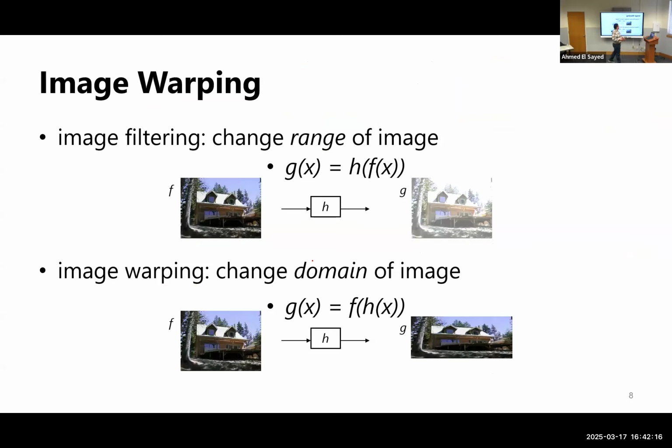So for example, assuming that I have this input image, if I'm doing regular filtering, I will receive something like this. Sharpening, edges, whatever you are doing, but the same exact size with changing the pixel value. On the other hand, if we are doing warping, I can change the entire shape.